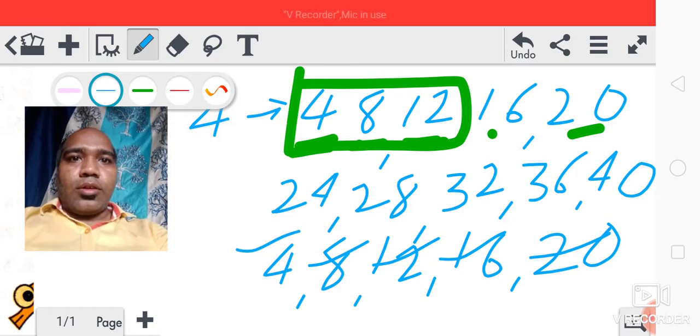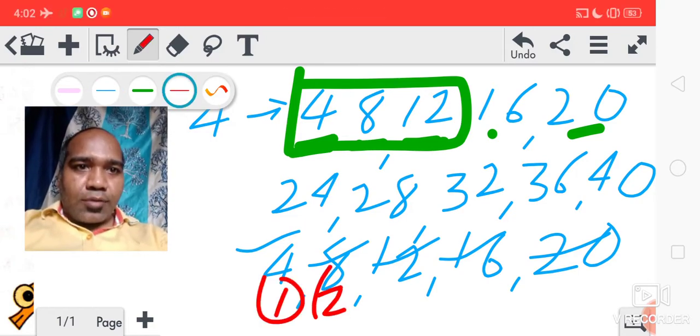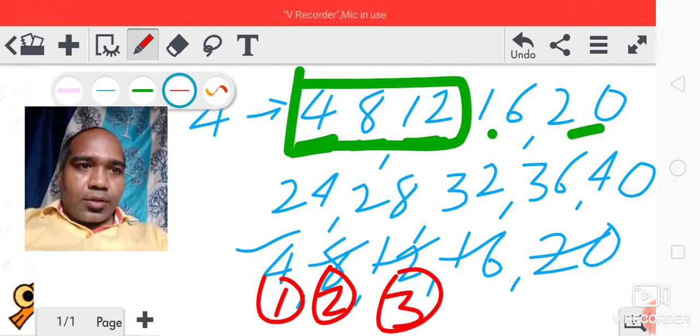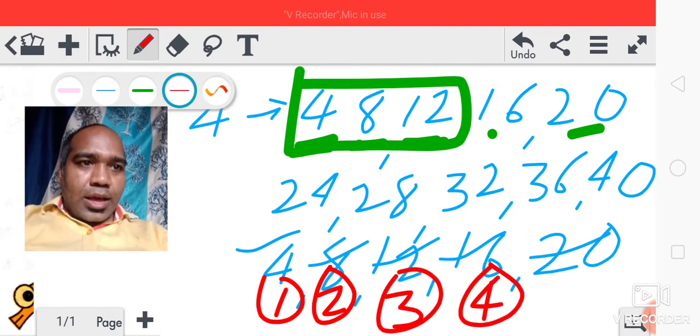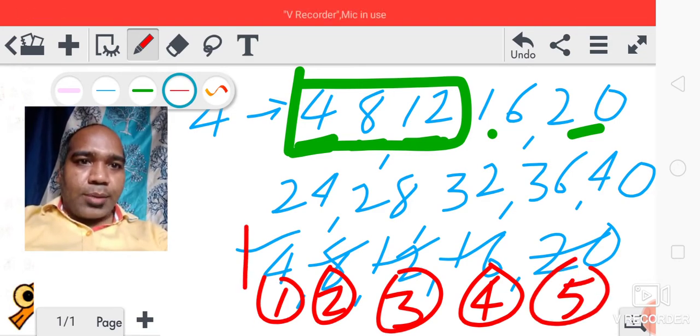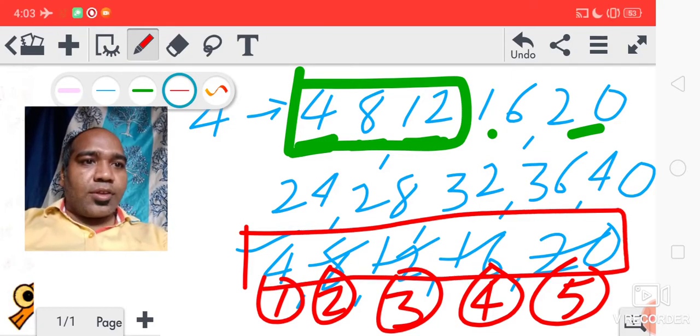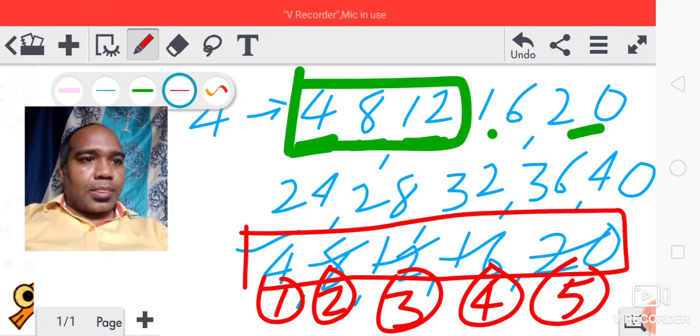Can you see here? This one is the first one, this one is the second one, this one the third, 16 is the fourth one, and 20 is the fifth one. So the first 5 multiples of 4 are 4, 8, 12, 16 and 20. Got it?